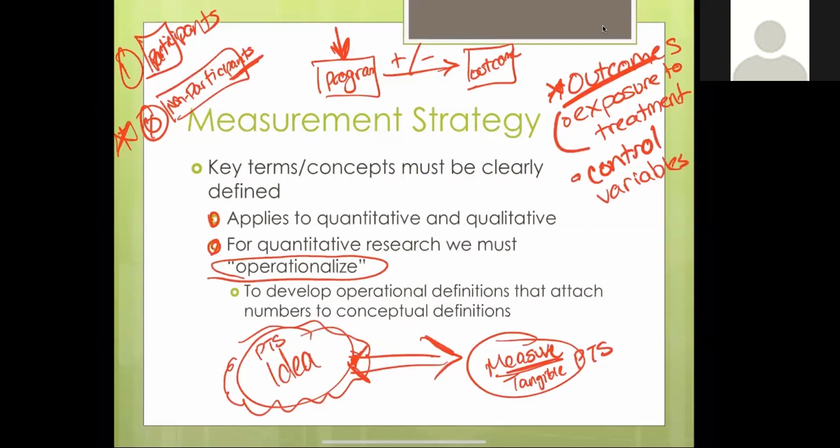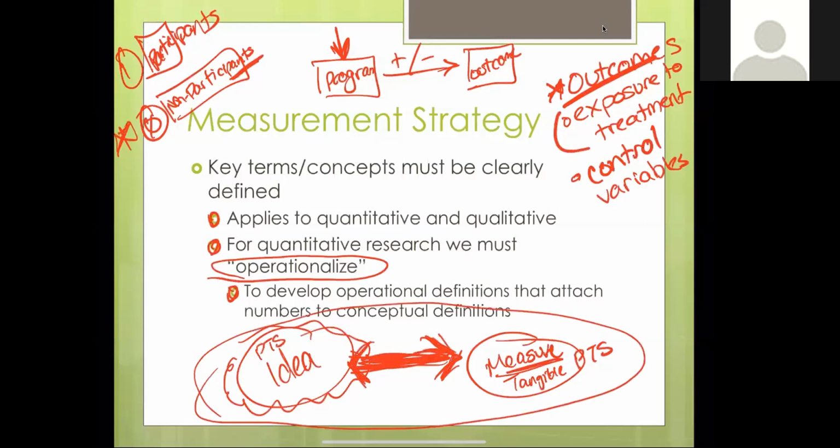Right? And what's really important here is this idea that to develop and operationalize good measures, we have to attach numbers to conceptual definitions, right? So this bridge here says, whatever the idea is, we're going to turn it into numbers. How good that bridge is between these two things is really what is going to make an impact on how good our measurement is, right?